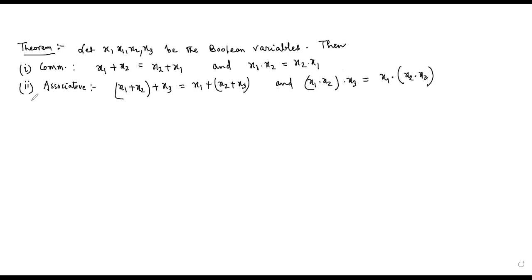This is the associativity property. Try to recall that in the previous class, we didn't introduce the associativity property in the definition of Boolean algebra. Rather, in the theorem, the associative property was mentioned as a statement, and I asked you to do the proof of the theorem by yourself.